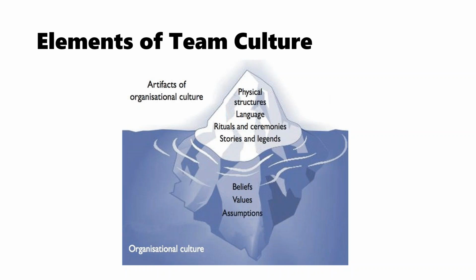But the tip of the iceberg, which we use that term a lot, are the things that are very tangible in a workplace culture. So in a team, the way the team's structured, the language that they use, some of the rituals and ceremonies. Do we have morning teas to celebrate birthdays and the like? Some of the stories and the legends and some of those sorts of things are shared by people.